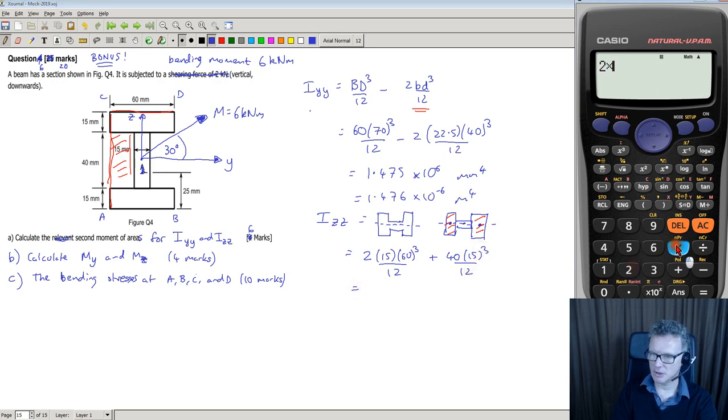So you've got 2 times 15 times 60 to the power 3, do the 12 later, plus 40 times 15 to the power 3, divided by 12. So that is 551.525 times 10 to the 3 millimeters to the power 4.